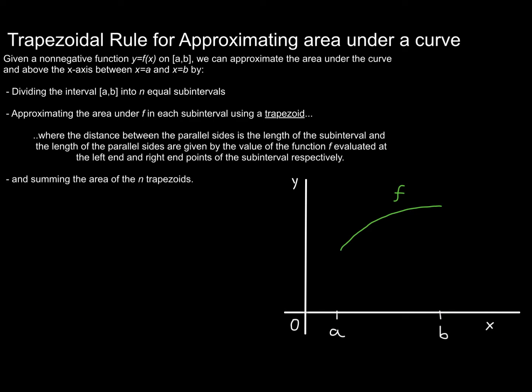Okay, so you'll notice that the trapezoidal rule for approximating the area under a curve is very similar to the rectangular approximation methods. We're still working with non-negative functions here, and we want to approximate the area underneath the curve but above the x-axis between a and b.